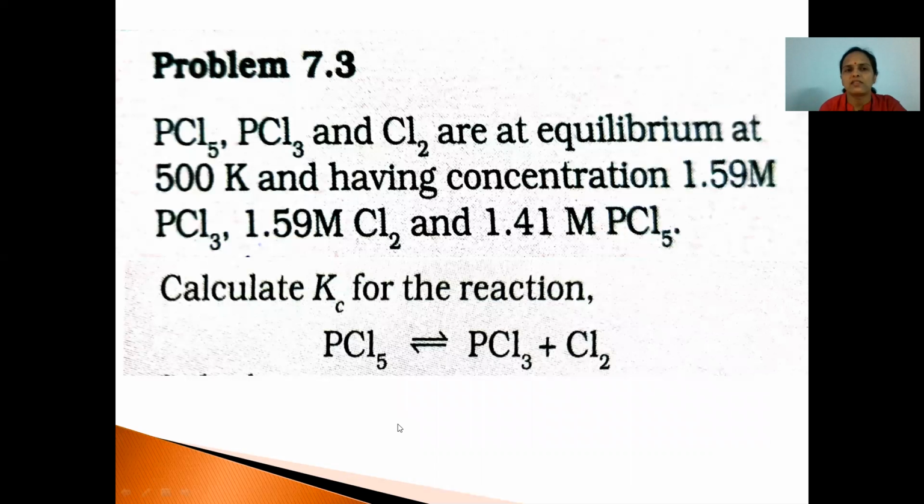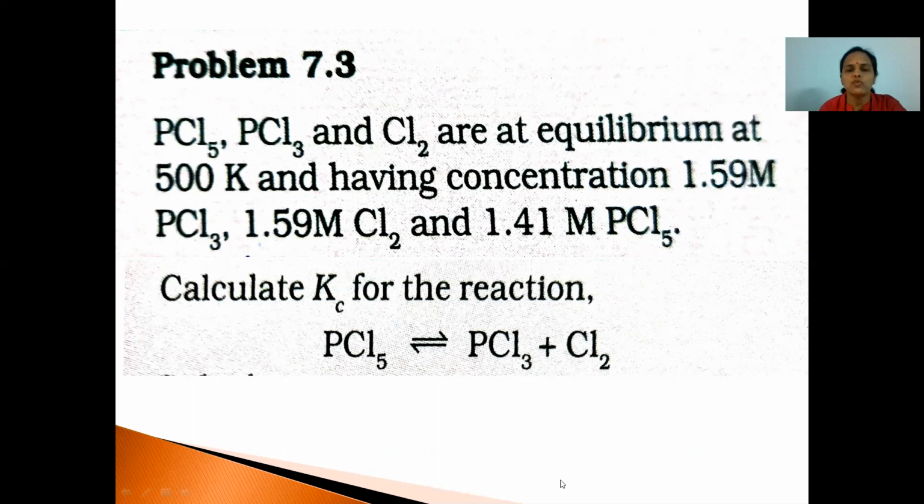Let's look at the next problem. PCl5, PCl3 and chlorine are in equilibrium at 500 Kelvin, having concentration 1.59 molar PCl3, 1.59 molar Cl2 and 1.41 molar PCl5. Calculate Kc for this reaction. PCl5 reversible sign, PCl3 plus Cl2.